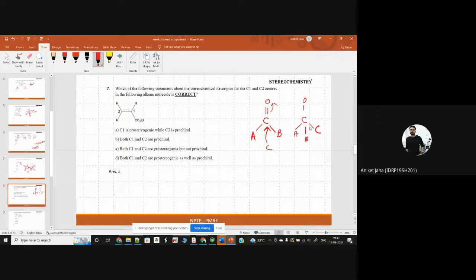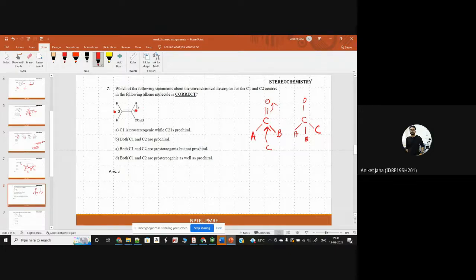Yes. So from our question, let's start from option C. Both C1 and C2 are pro-stereogenic but not prochiral. Is it possible? Regarding C1 and C2, which one is the pro-stereogenic center? C1 is the pro-stereogenic, right?